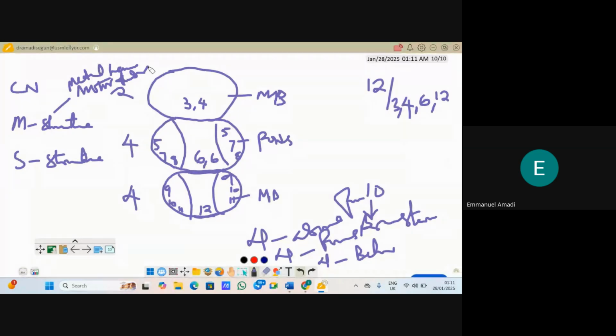Now, the thing is this: it is exactly the same person, but when the person changes location, the person's identity changes. That's exactly what happens here.